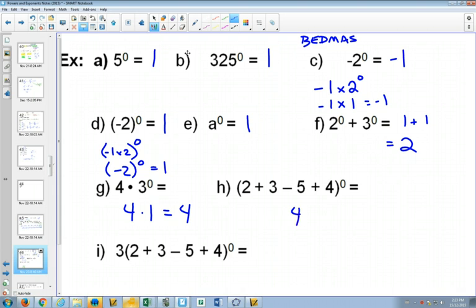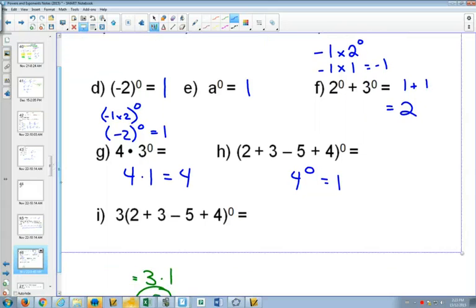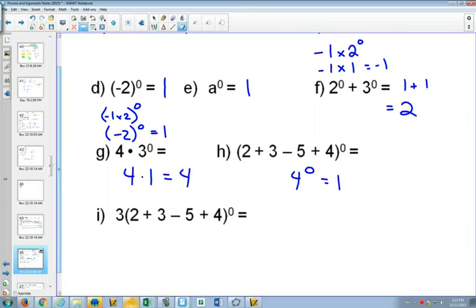It becomes 4 to the 0, because you do brackets first, and then that becomes just 1. And here, this would be 3, and all of this is 4 to the 0. Order of operations would be 3 times 1, which is 3.